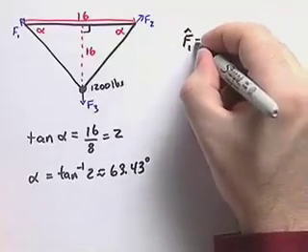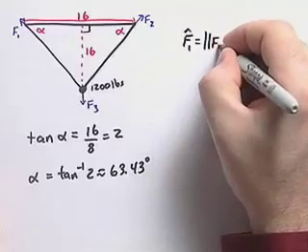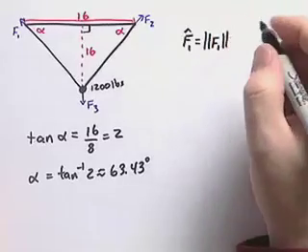The three force vectors in the problem can be written as F1 is equal to the magnitude of F1. Now that we've determined the angle alpha, we can go ahead and write down our force vectors broken into their horizontal and vertical components.